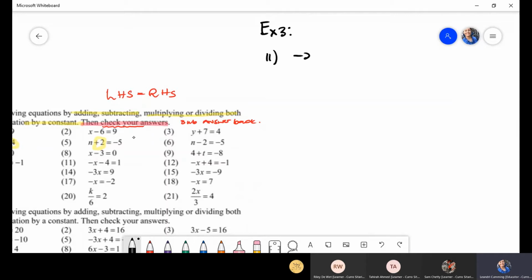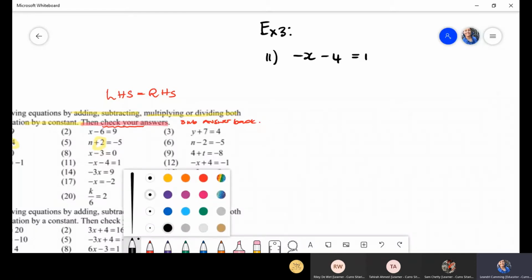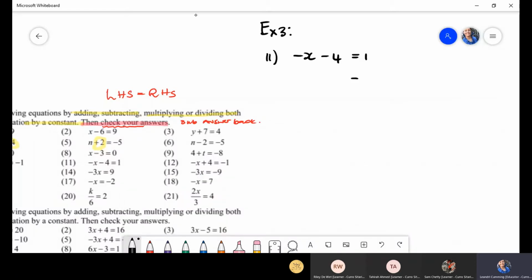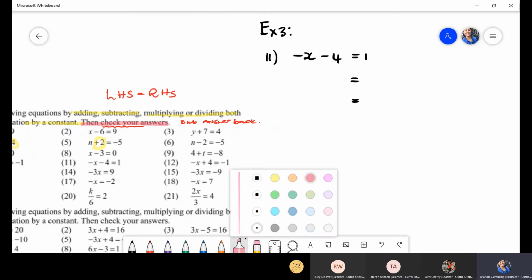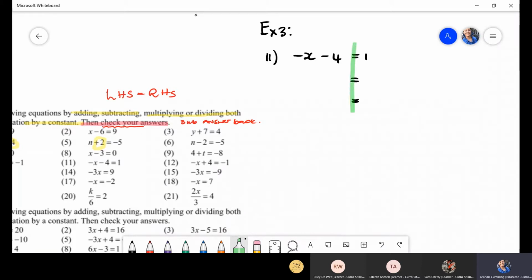I'd like to just focus on what to do when that negative is there, and I'm going to continue to do it in the process that I started with, seeing what are we taking away or adding in order to use our inverse operation. So in this case, I've also suggested from the very beginning, keep your equal signs aligned. In this way, you're able to see on which side you are working. You're working on a left-hand side and you're working on a right-hand side, and it's your duty to do on this side what you do on that side.